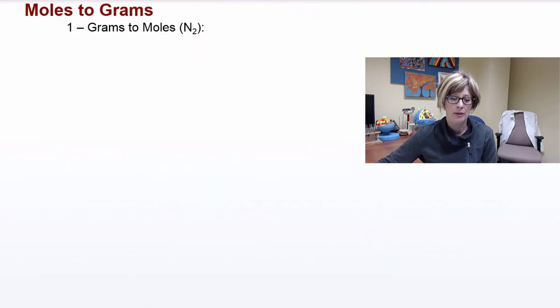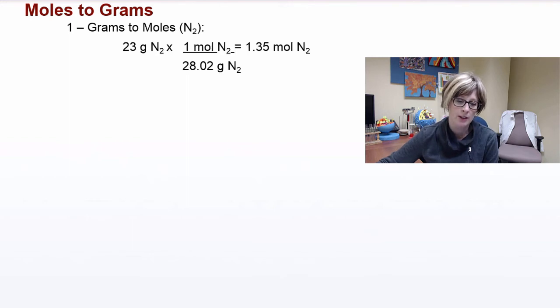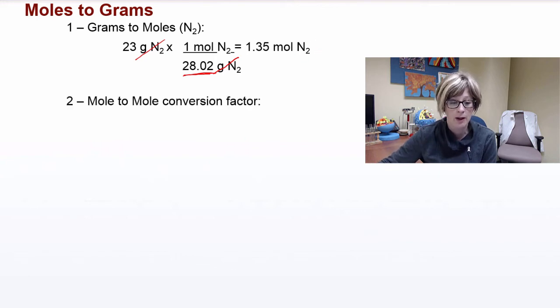Okay, so let's start our plan. The first step is going from grams to moles of that nitrogen gas, and here is my calculation. You can see that it can be pretty fast, because I've already figured out my molar mass. So 1 mole of the nitrogen gas weighs 28.02 grams, and I'm canceling out my grams of the nitrogen gas, and then I'm left with my moles of N2, or nitrogen gas. So that's step 1.